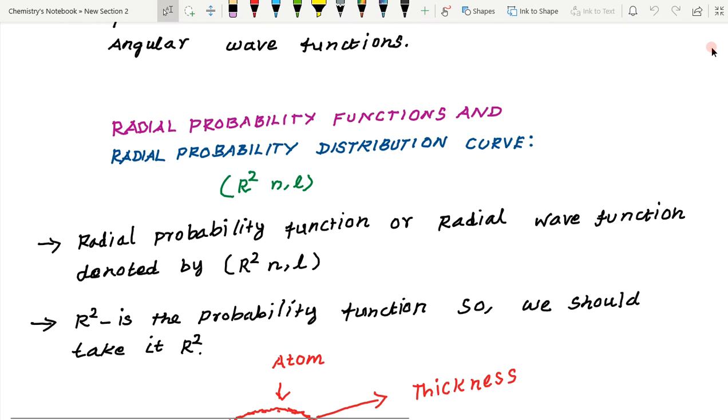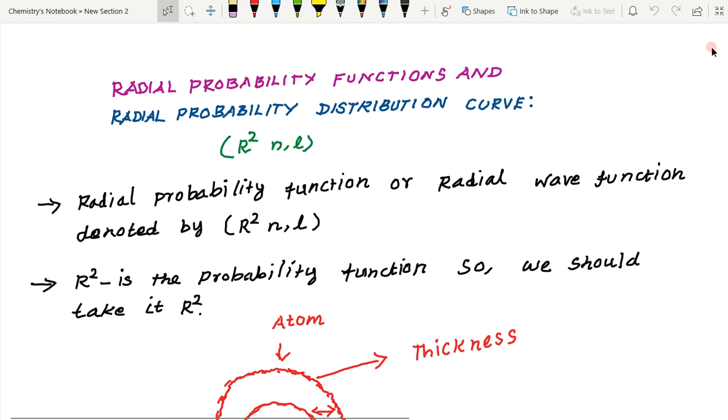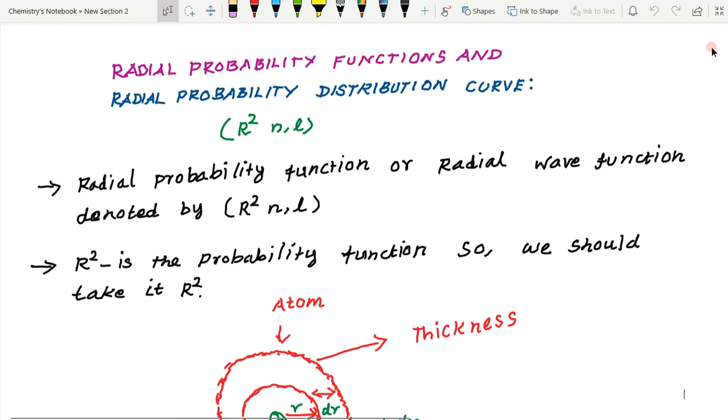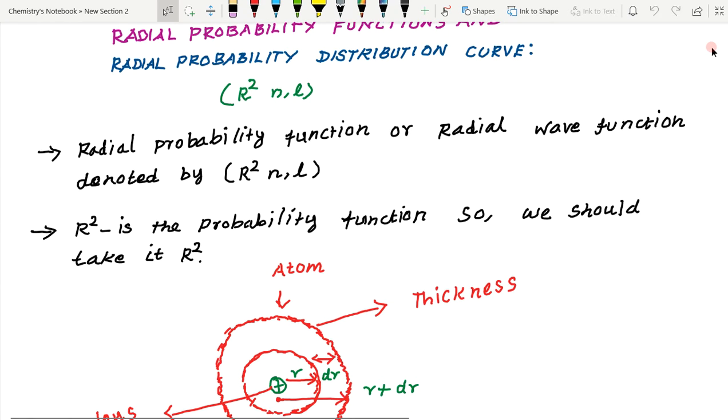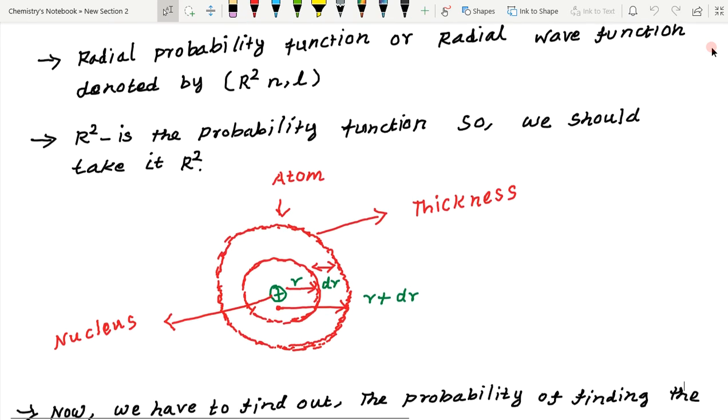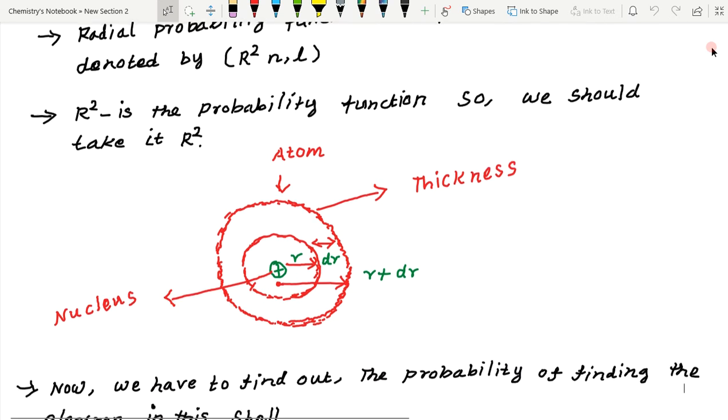Next topic, radial probability functions and the radial probability distribution curve. The radial probability function is denoted by R square n l. R square is the probability function, so we take R square.